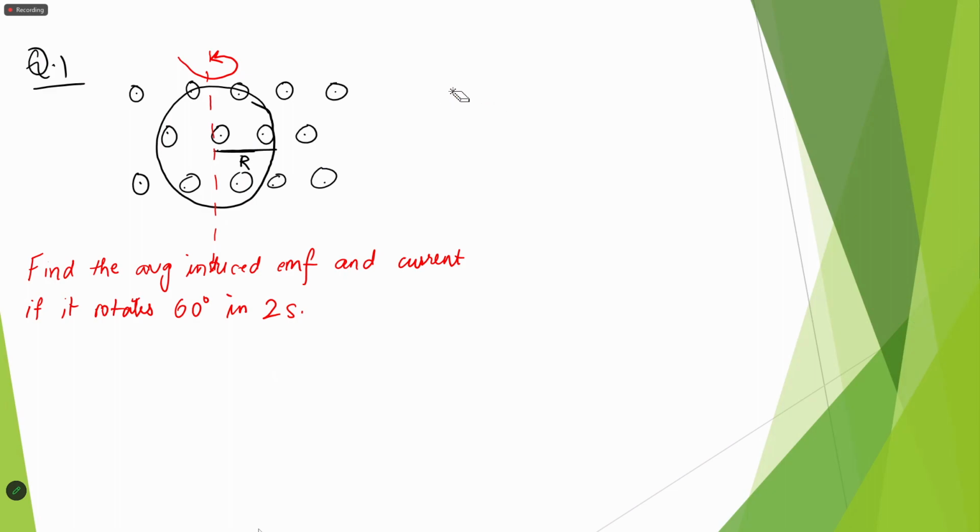To find the average EMF, first of all, we need to know the flux, right? We know that flux is equal to B dot A, which is equal to B A cosine of angle. B is the magnetic field given in the question. The area is going to be pi r square.